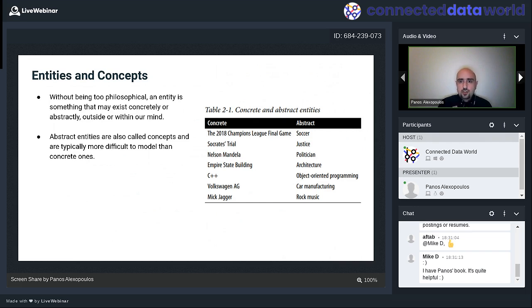So the distinction is important, not because we need to make it explicitly in a knowledge graph, but because knowing what kind of entities we expect to have in our knowledge graph, whether they are mostly concrete or mostly abstract, we can somehow predict the difficulty that we will face when we start developing it.